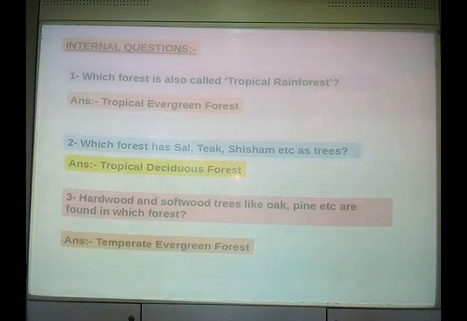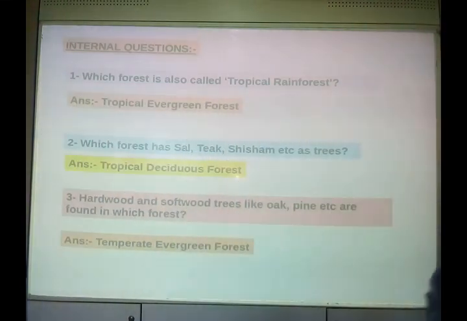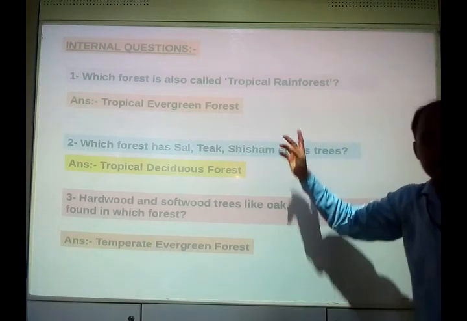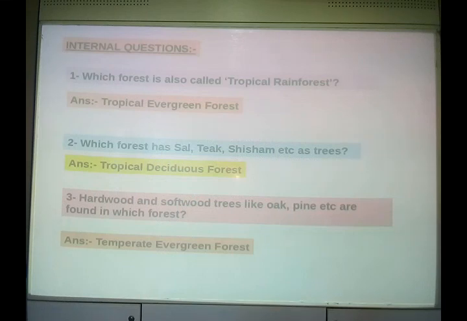Moving on to the next question, but before moving on further, you note down fast all these answers, because these are very important questions and you will always be able to answer these questions when you learn all the characteristics of different forests like tropical evergreen forest, temperate deciduous forest, tropical deciduous forest, temperate evergreen forest, okay, moreover coniferous forest.